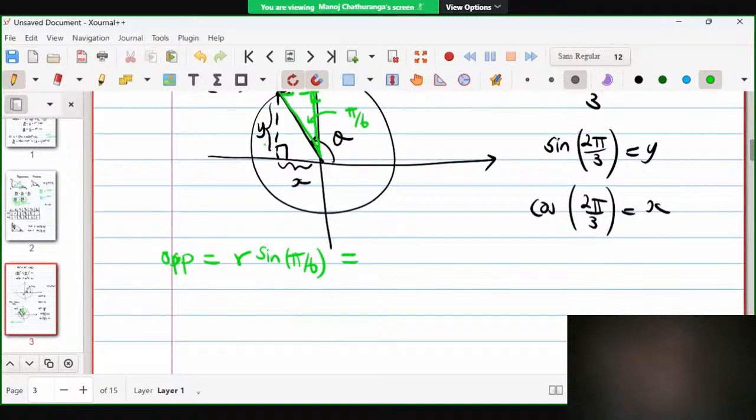Sine 30 is 1/2. Then adjacent side of that green color triangle is r cosine pi by 6. Cosine 30 is square root 3 divided by 2.